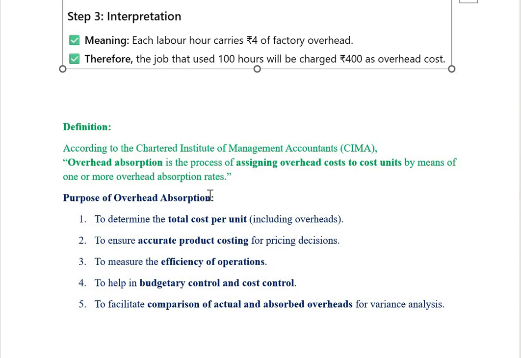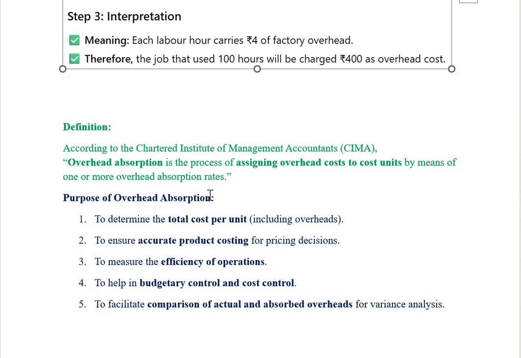In order to fix the price, either cost price or selling price, we can identify the actual cost incurred for a particular period. The third need for overhead absorption is to find out the efficiency of production. Then it also helps to estimate the cost and control the cost.